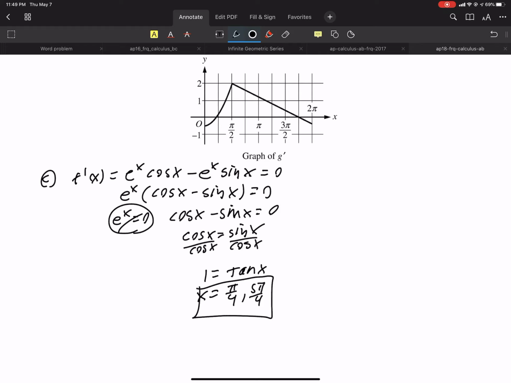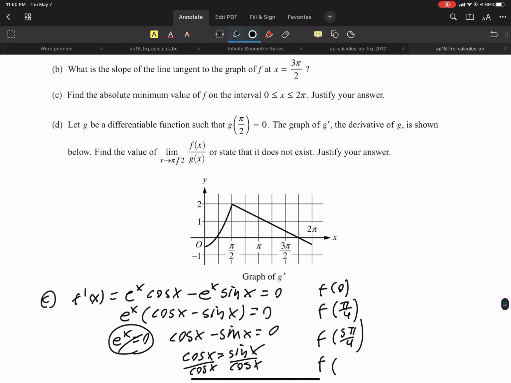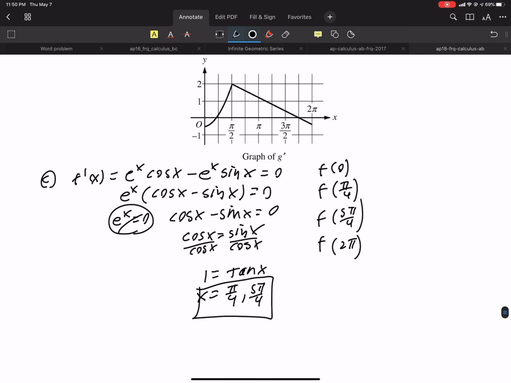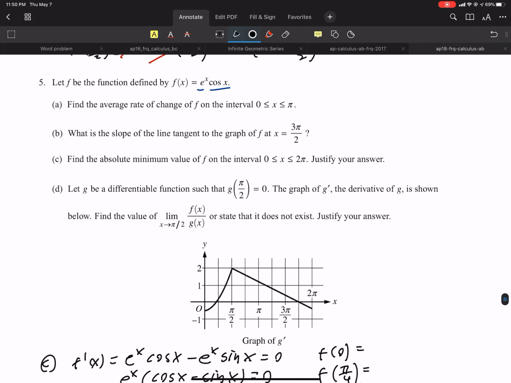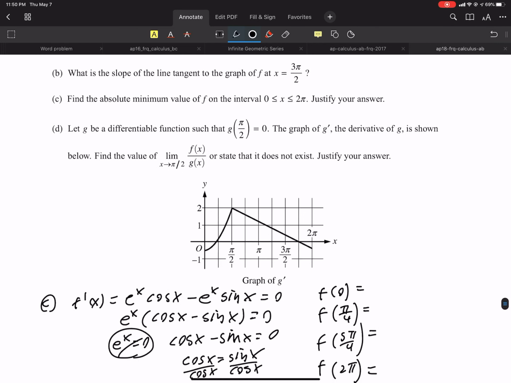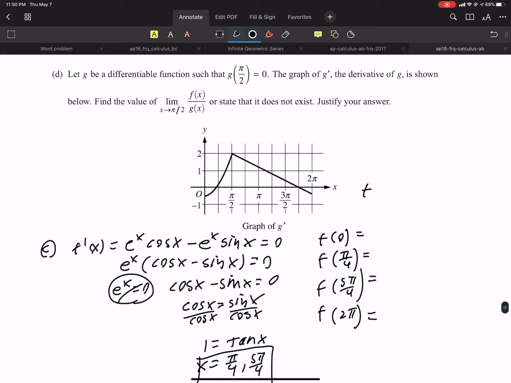So now, to find the max and min, we need to find the value of f at the endpoint, at the critical points, and the other endpoint. The other endpoint was 2 pi. So we're going to punch that into our original e to the x cos x. Let me put this here so I don't have to keep scrolling up.